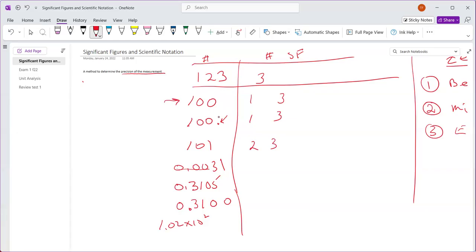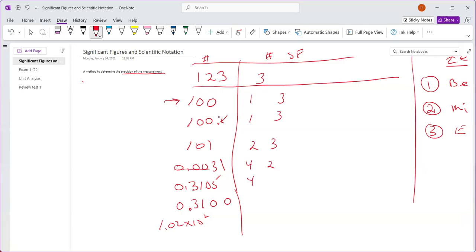0.0031? How many? 2. Much better with the 2. Anything else? Okay, how about the next one down, 0.3105?